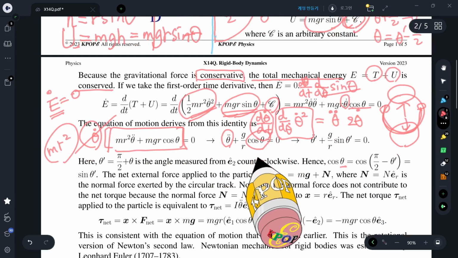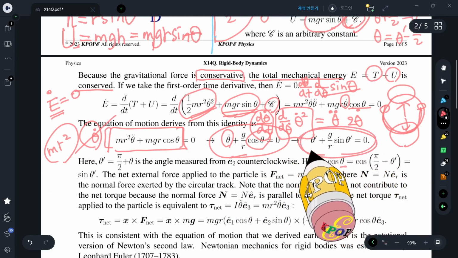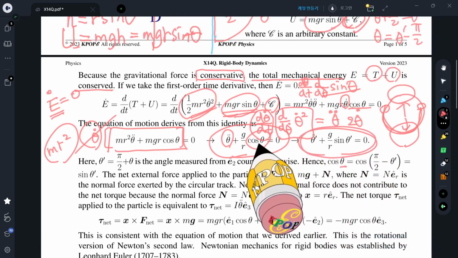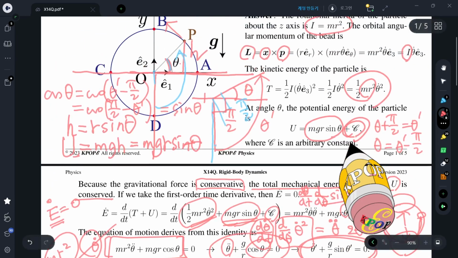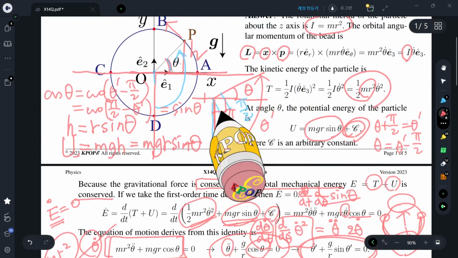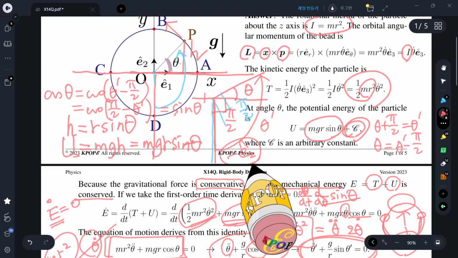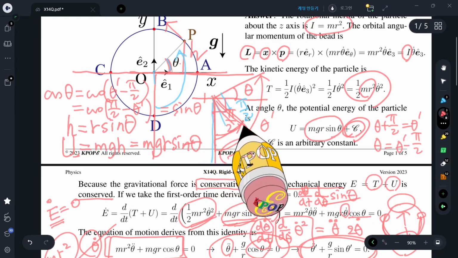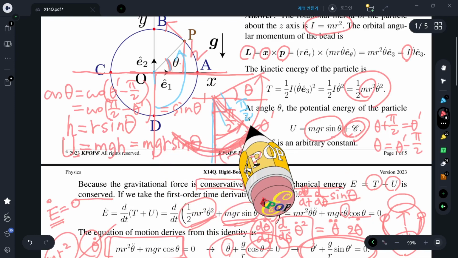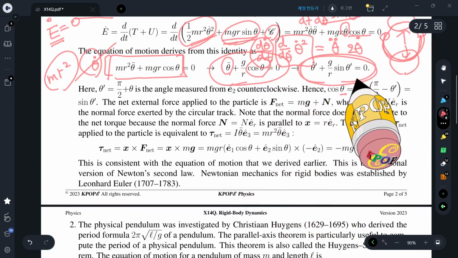Therefore, this equation of motion can be written in the form like that, replacing cosine with sine when the angle is measured from the negative y-axis. Okay, in that case, the angle is measured from here. So it is just like the usual way of writing the pendulum equation.